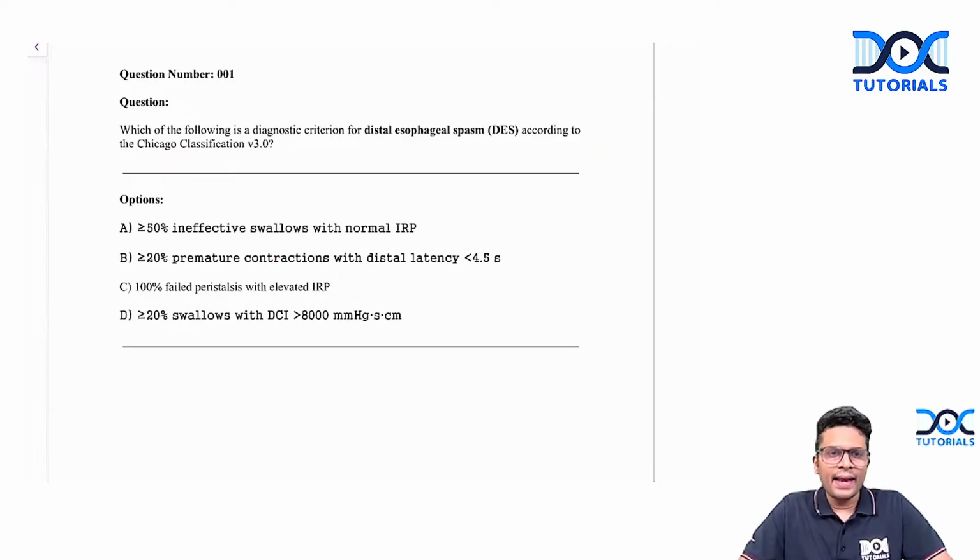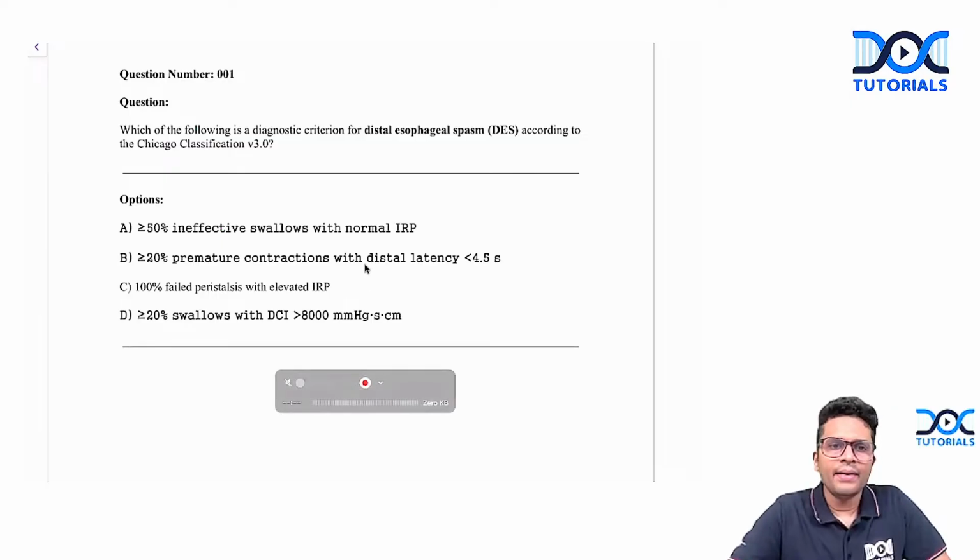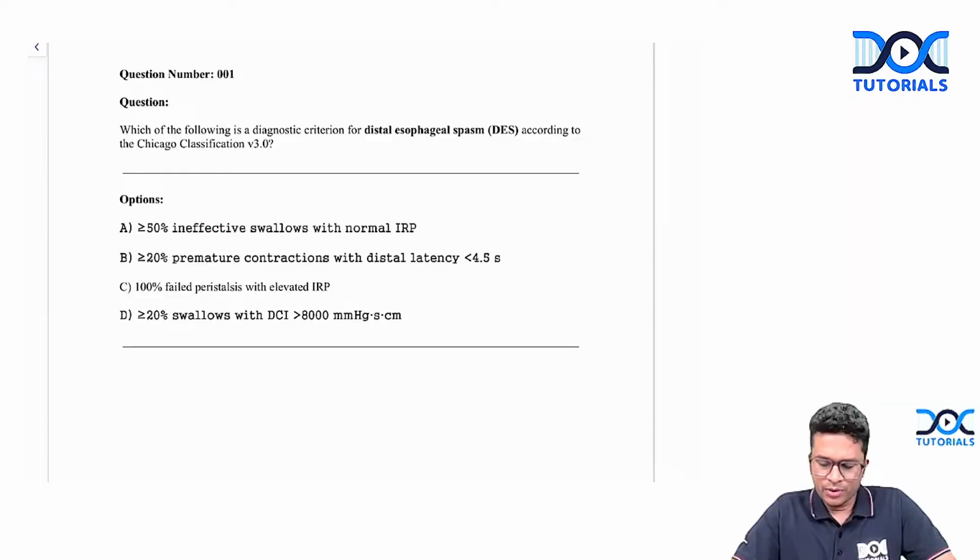Options were A, more than or equal to 50% ineffective swallows with normal IRP; option B, more than or equal to 20% premature contractions with distal latency less than 4.5 seconds; option C, 100% failed peristalsis with elevated IRP; and D, more than 20% swallows with DCI more than 8,000.